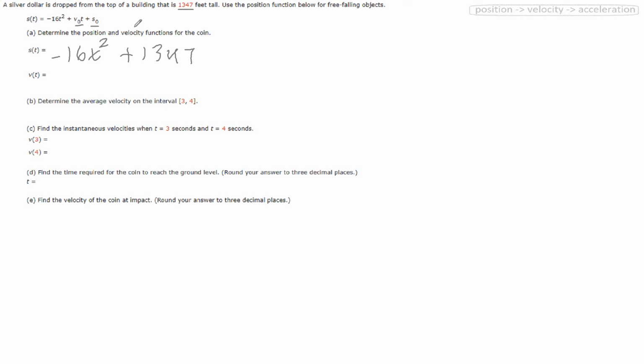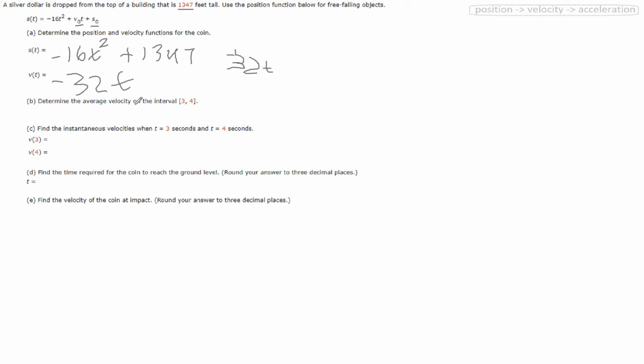Anything that doesn't have a variable next to it will just go to 0, and then we multiply the power by the coefficient, and we'll get negative 32t. And that's our velocity function. It's just the derivative of the position function.